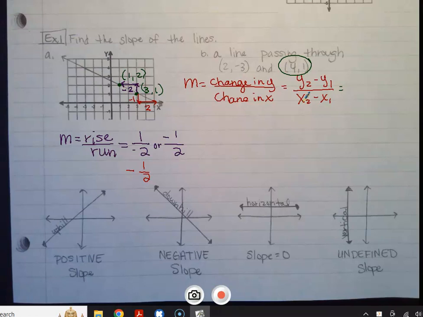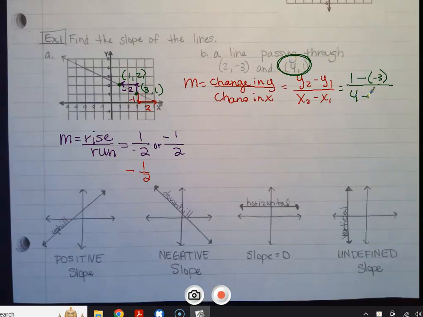Okay, so we start with this one. What's my y value in 4, 1? 1 minus, what's my y value in -3? So 1 minus -3 divided by, okay, what's my x value I'm going to use? I have to go back to this problem and use the 4.